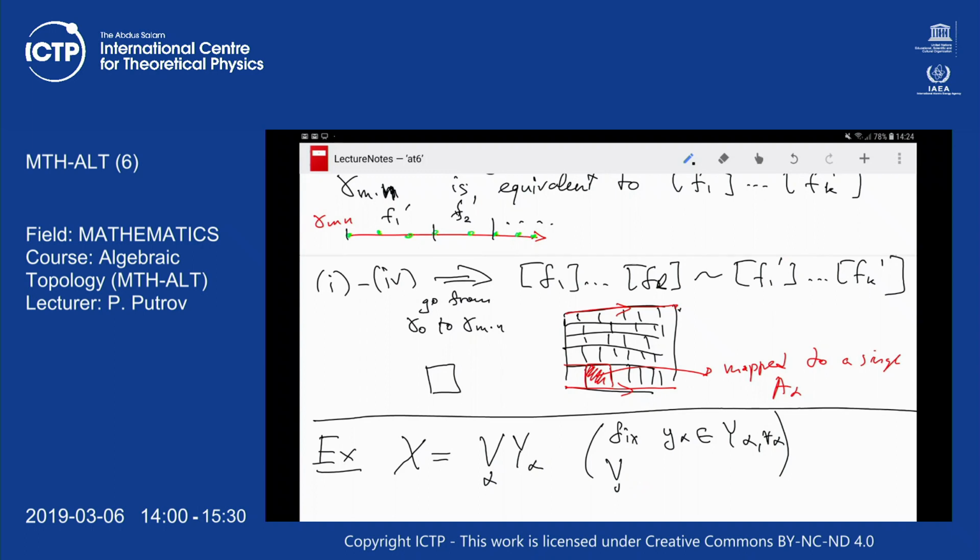By definition, this wedge product of topological spaces Y alpha is the union of the topological spaces. You can say this: I start with the disjoint union of the topological spaces, and I quotient it under an equivalence relation, where any pair of these fixed points is equivalent.